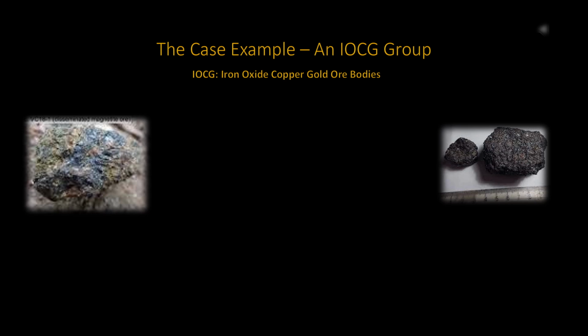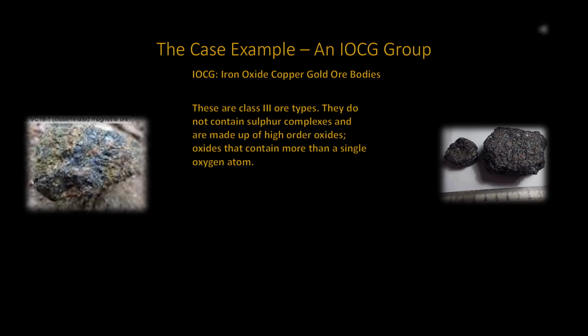This case example is based on a Class 3 ore from the IOCG group of ore bodies. IOCG stands for iron oxide copper gold. Class 3 ore does not contain any silicates or sulfur complexes, but is high in base metals that are in their highest oxygen state.